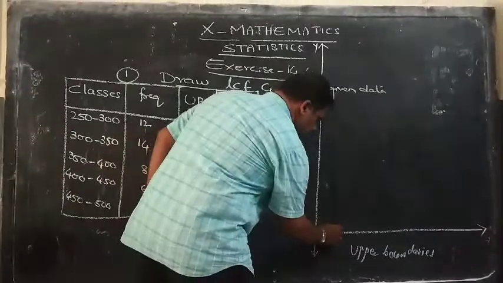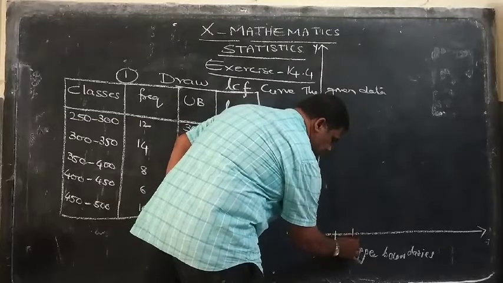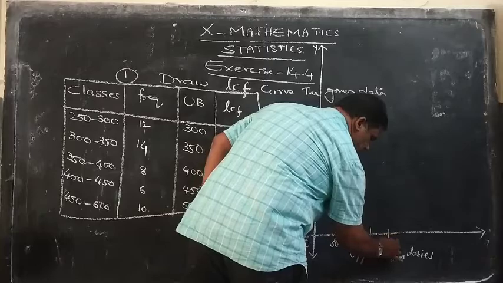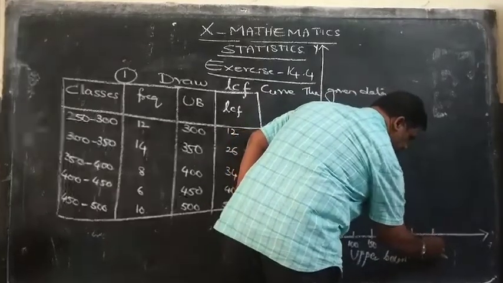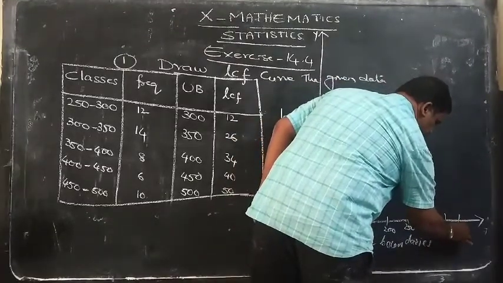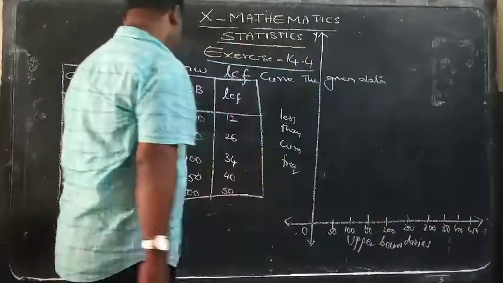So let us take on the x-axis 1 centimeter equal to 50 units. So 50, 100, 150, 200, 250, 300, 350, 400, 450 and so on.